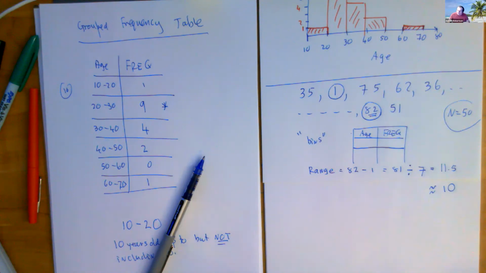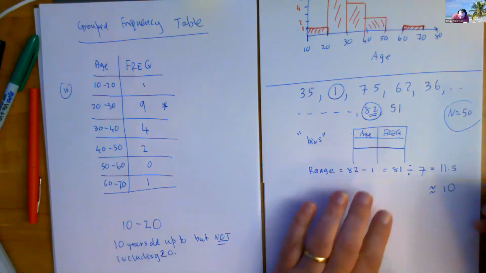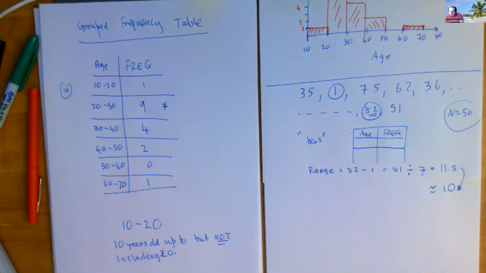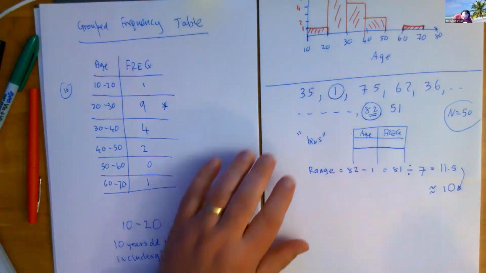Can you imagine that there are certain numbers that just look pretty to the human brain? So I picked the nearest nice looking number to 11.5, and the nicest number I got was 10. Would you agree it's pretty close to 11.5? It's not bang on, but it's pretty close. Great?